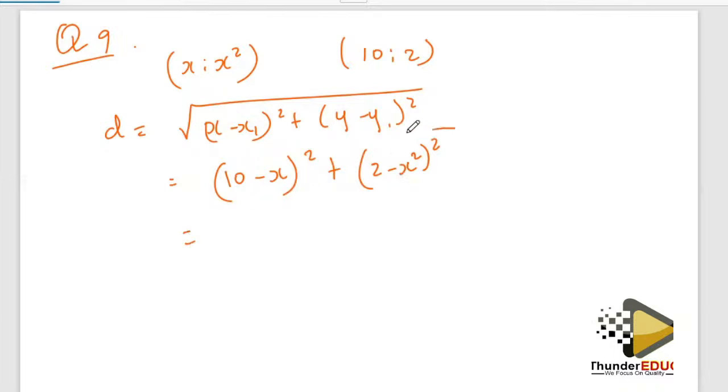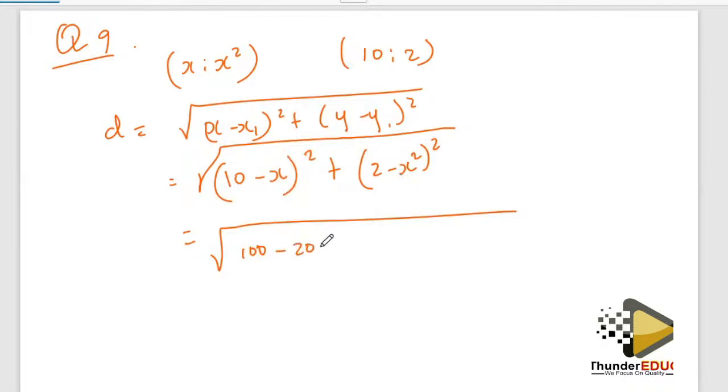When I open this up, still square root. This is 100 minus 20x plus x squared. Open that up, I'm going to have a 4, minus 4x squared plus x to the 4.